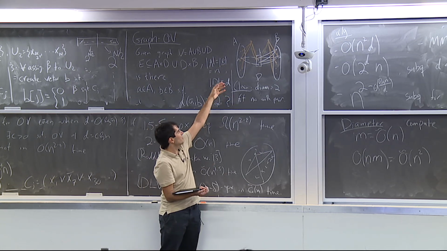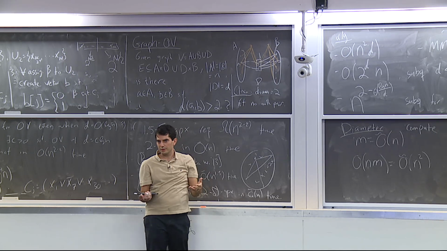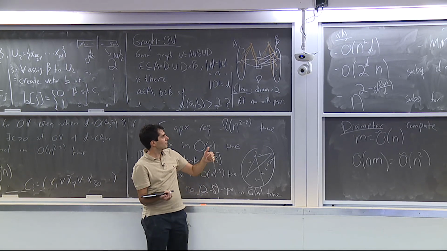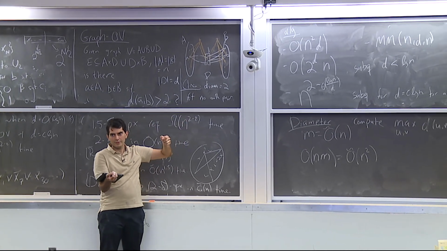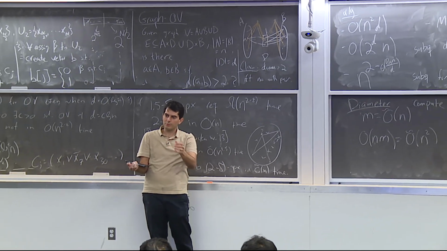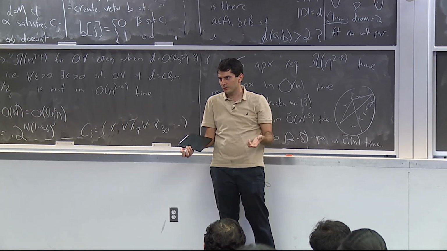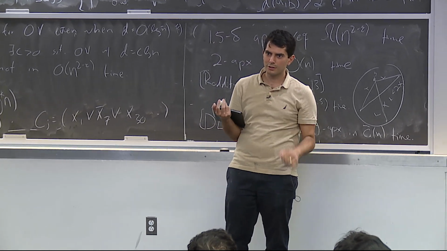Here, the gadget was simple. You just put edges. Other problems, maybe it's more complicated. You have to encode it in different ways. And then you also need an OR gadget, which somehow says that you can pick any pair. You create your gadgets, but then you combine them in a way that makes the problem choose the best pair. If there is an orthogonal pair, the problem will choose it. So just conceptually, there are two steps: the vector gadget and the OR gadget.